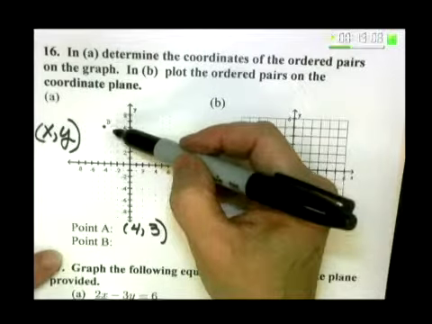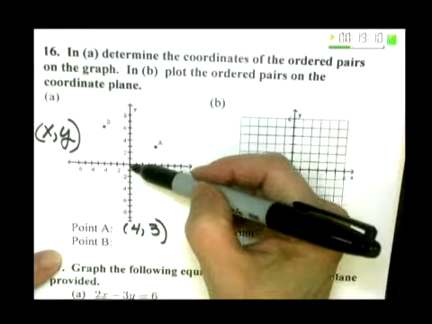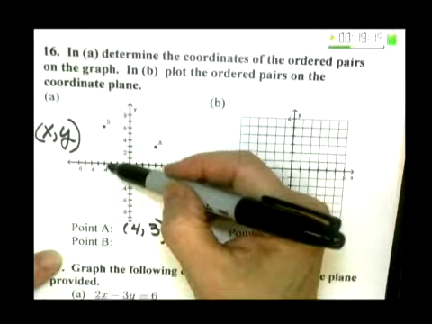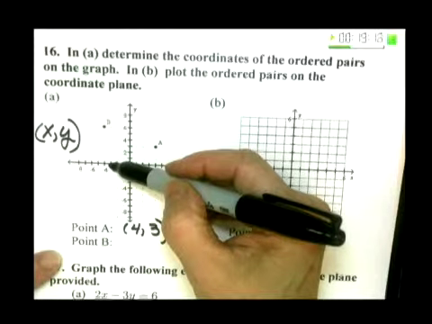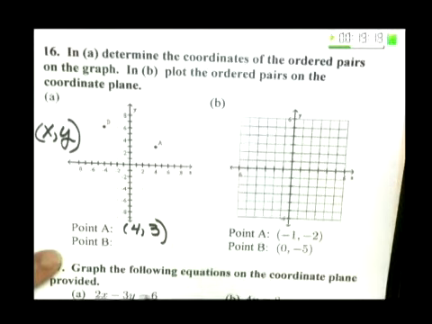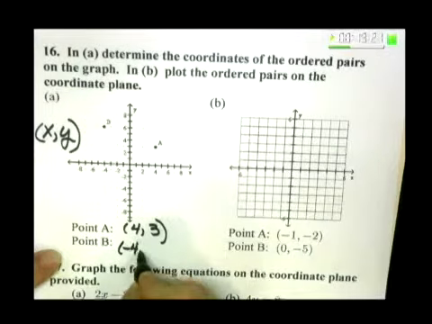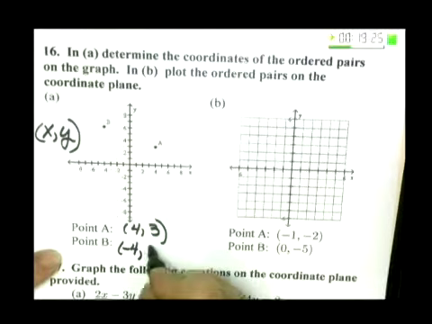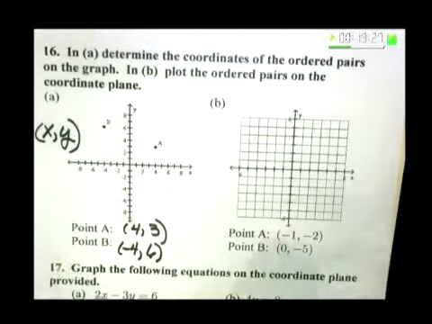Point B, I'm starting at 0, 0, and I'm going across till I get to point B, and that coordinate on the x is -4. And I go up and I read across, and that is 6. -4, 6.